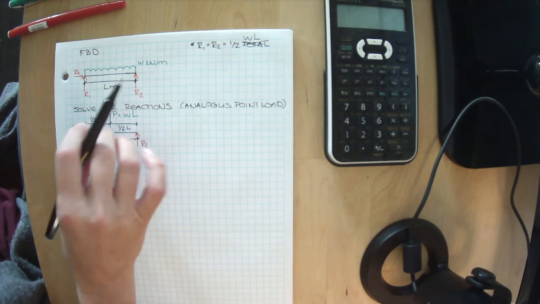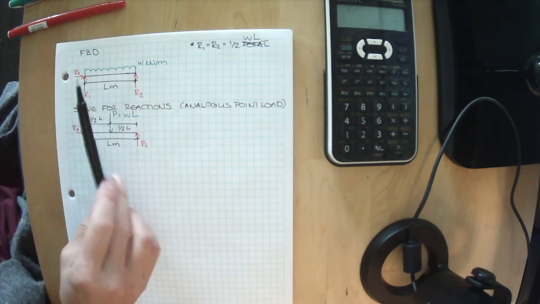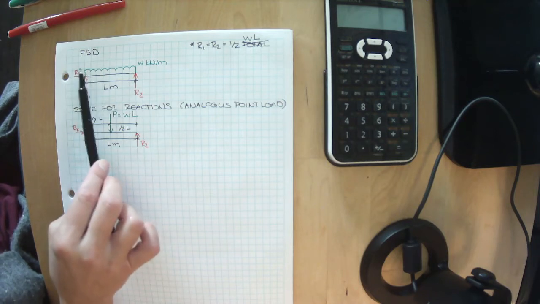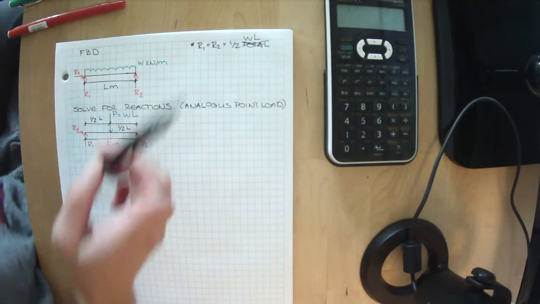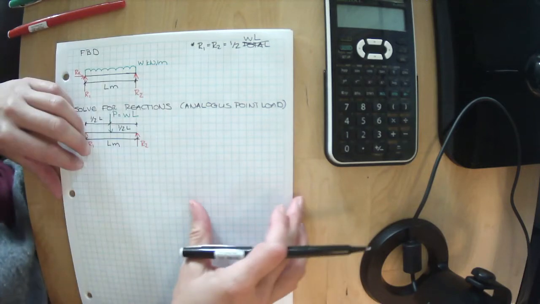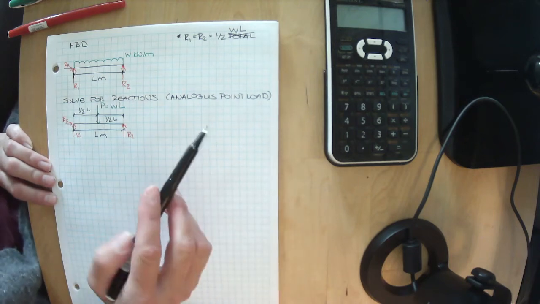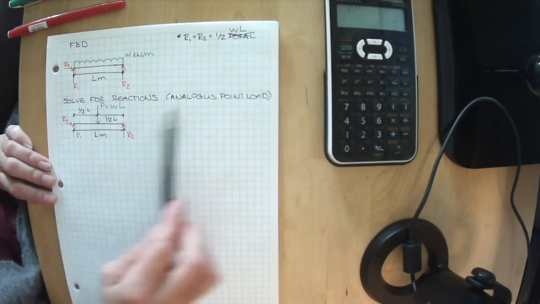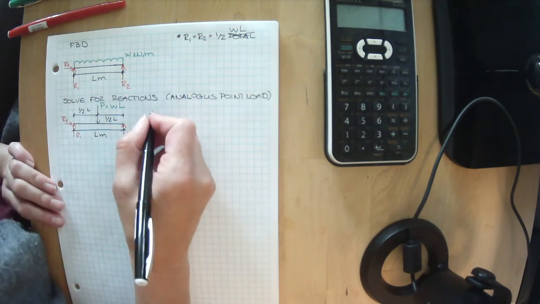But this is just a representation to help us find the reactions of this condition. We know that really there's a W kilonewtons at every meter along this length. So it's not going to be the exact same answer, but for finding the reactions, it should be the same because we know half of the load should end up on each side. So let's see what we get when we do this.